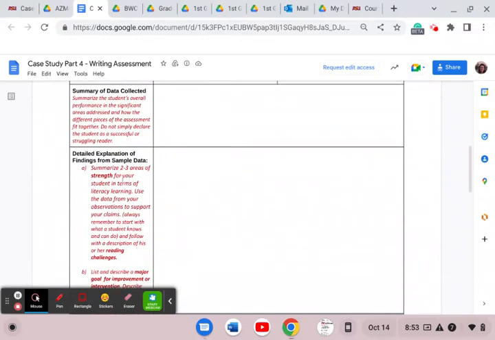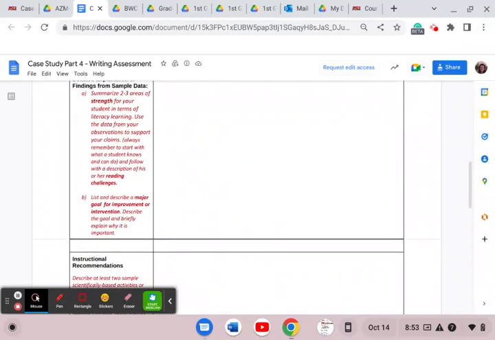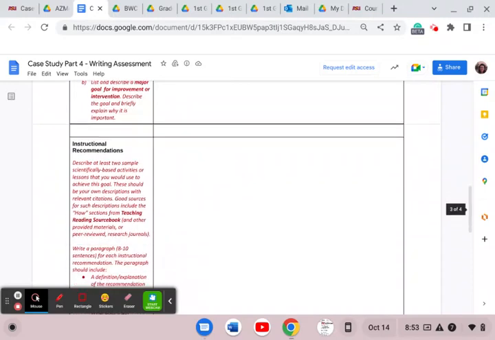Then you're going to come down here and you're going to think of the strengths and weaknesses or areas for improvement, and then a major goal. So thinking about everything you've been handed, what is a writing goal for this child? And then you come up with your instructional recommendations. Again, you could say writing activities for a third grader, emergent writing in kindergarten, and come up with some skills and then backtrack and think, oh, I read about that in the book.